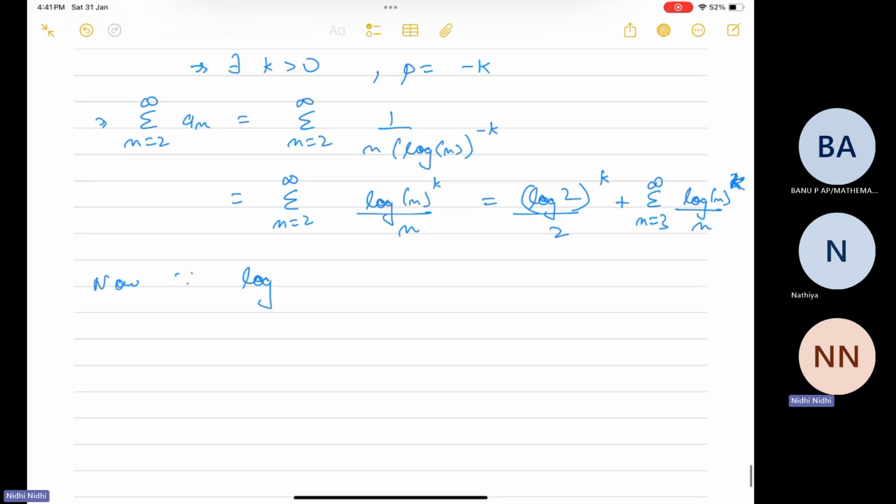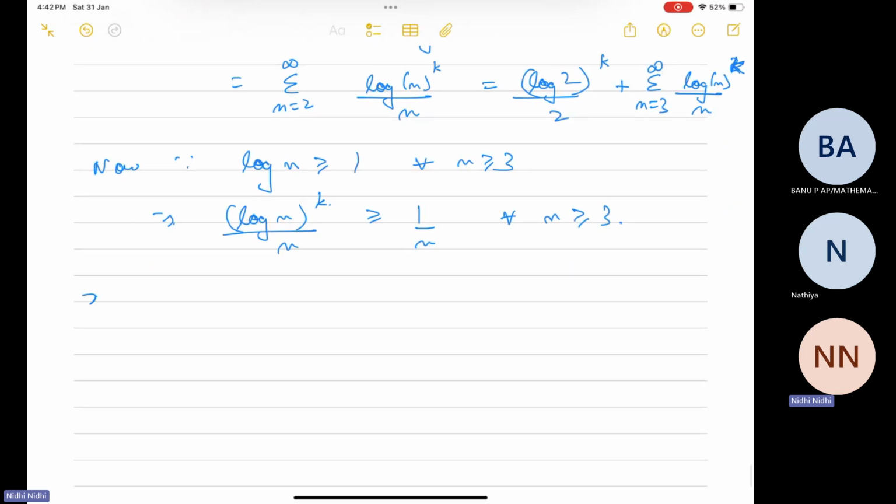Now since log n is greater than equal to 1 for all n greater than equal to 3, where this log is actually the natural log, that gives us log n to the power k is again greater than equal to 1, just divided by n. This happens for all n greater than equal to 3.